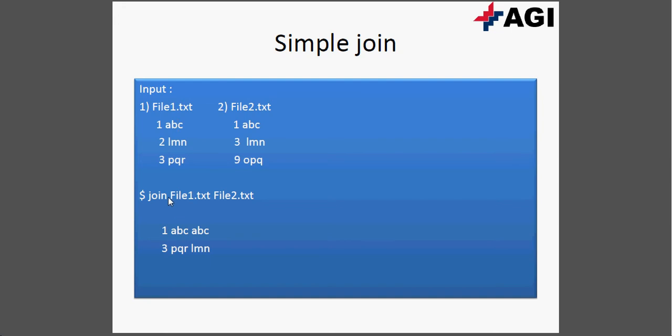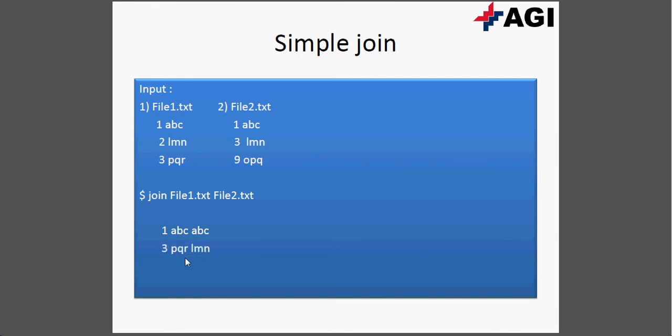When I do a join of file1.txt and file2.txt, it will see what is common in the first field. In the above case I have 1 and 3 common in the first field, and it will print out the entire line from both the files that contains the common match.